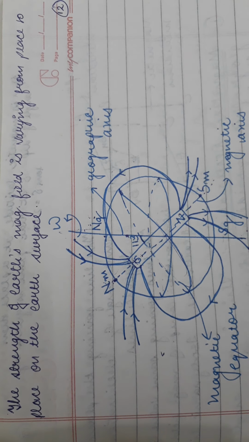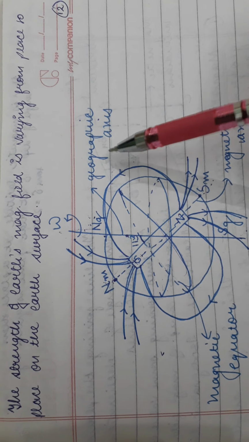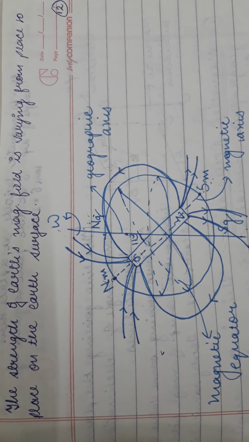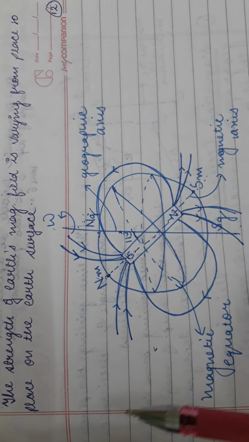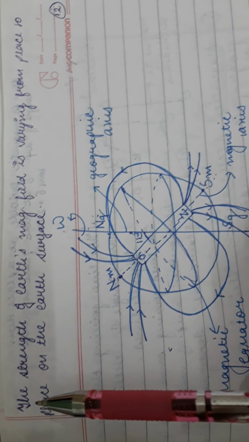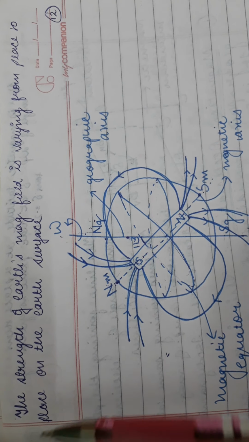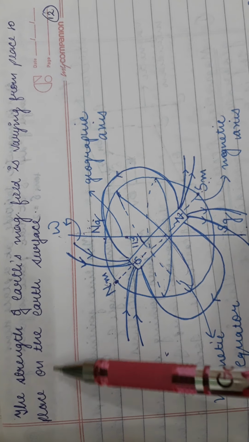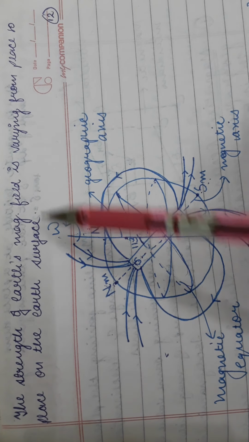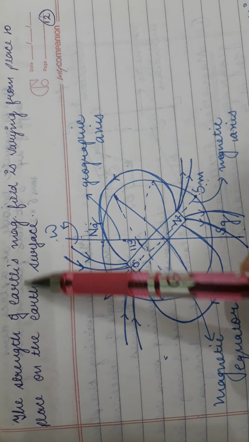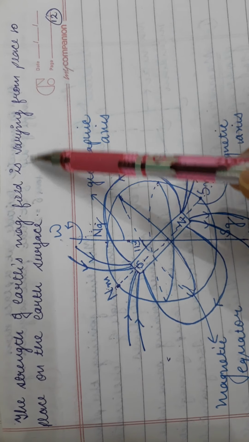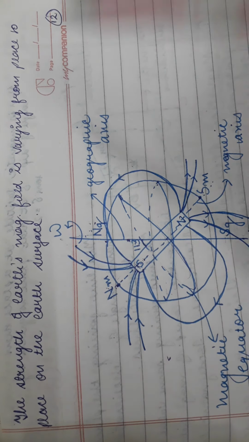The corresponding planes perpendicular to the axes are the geographic equator and magnetic equator. Now I have also written that the value of magnetic field which I told you, 10^-5 Tesla, is an average value, but it has some variations. The strength of Earth's magnetic field varies from place to place on the Earth's surface.